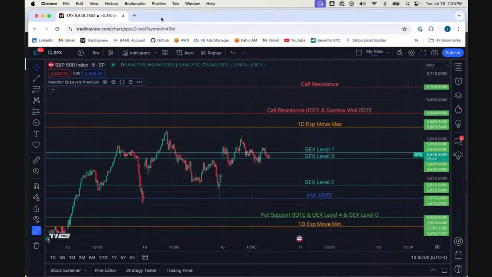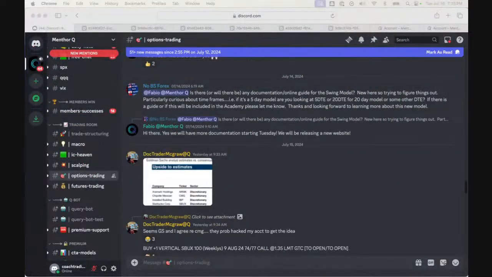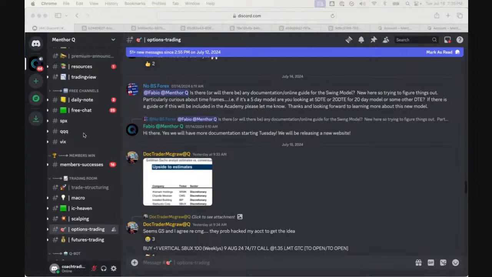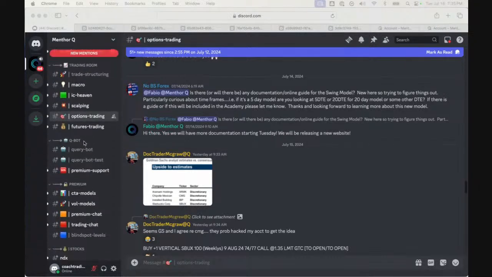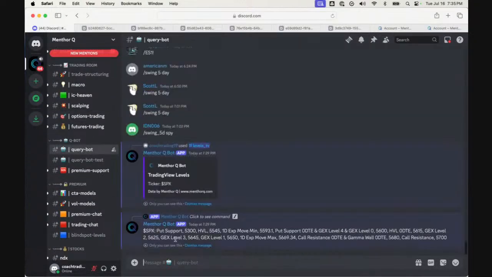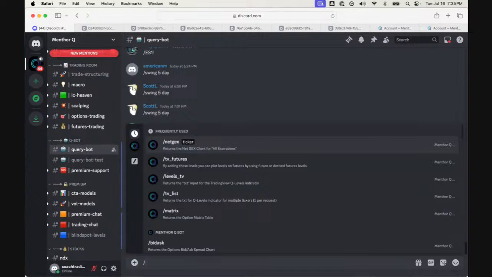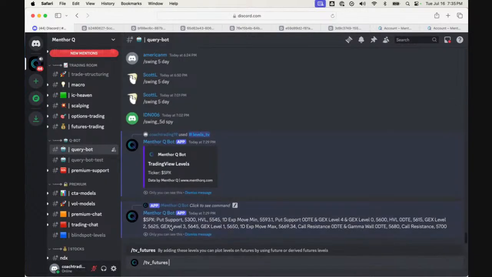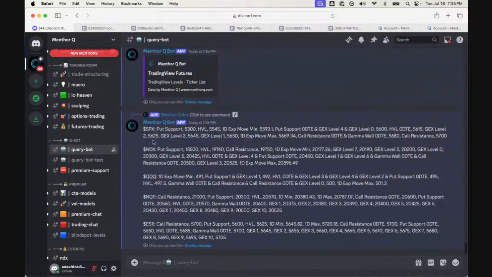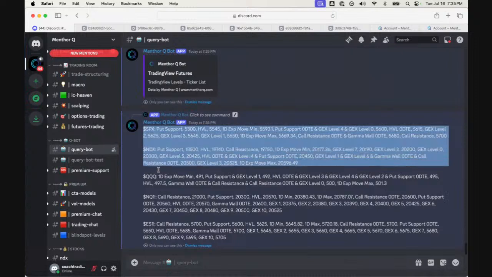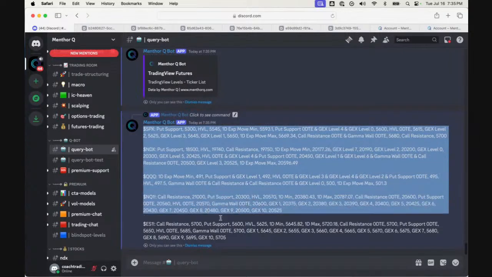So let me show you how this works within the bot. So within the bot, I can go here and I can request the levels, and we created a command, which is the futures command. In this command, we have SPX, we have NDX, QQQ, but we also have NQ and ES.